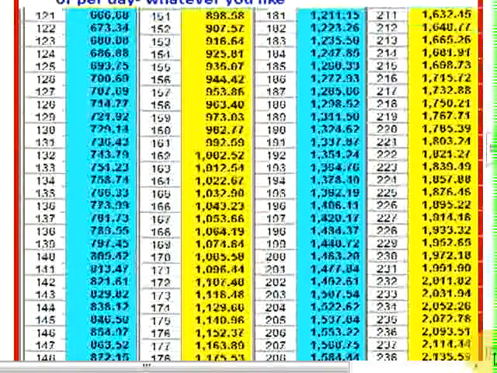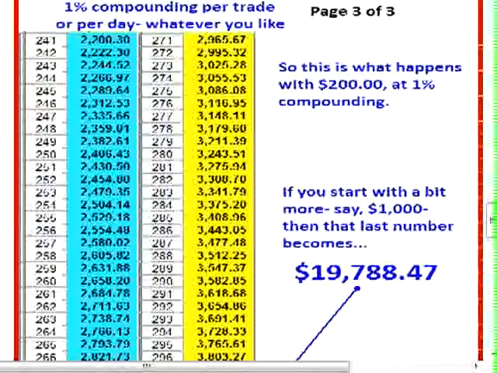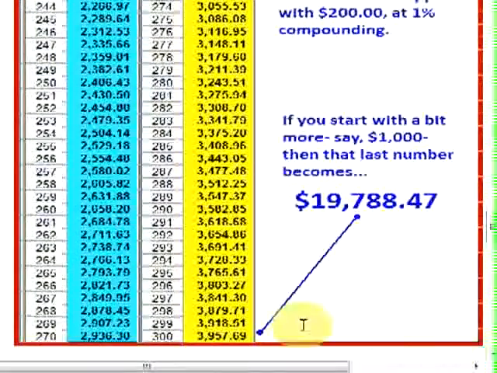Let's scroll down a little further. Next panel. Here we go. Still compounding at 1%, and I'm going to scroll a little bit further down. At the 300th trade, which would take you about 30 days, starting with a $200 account at 1% compounding, you have almost $4,000. If you had started with $1,000, that number would be $19,788.47.